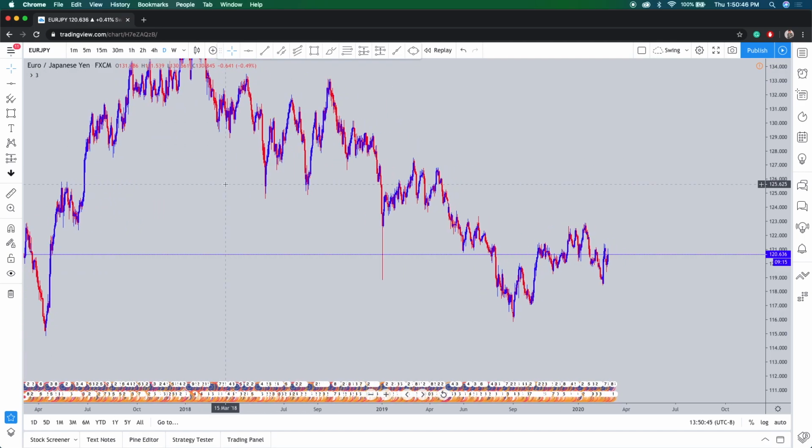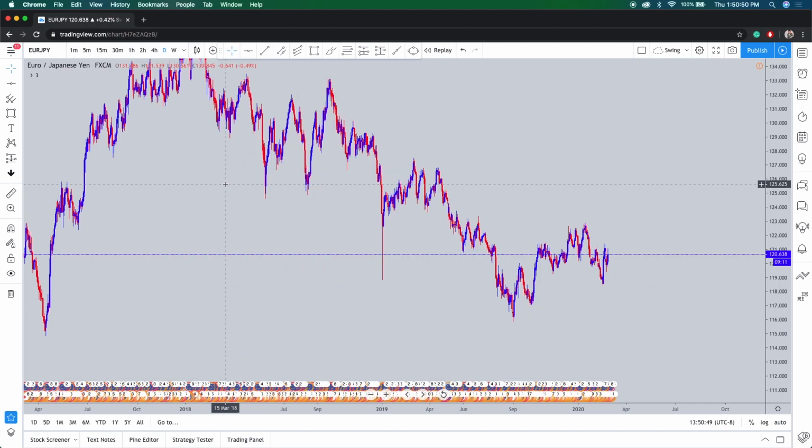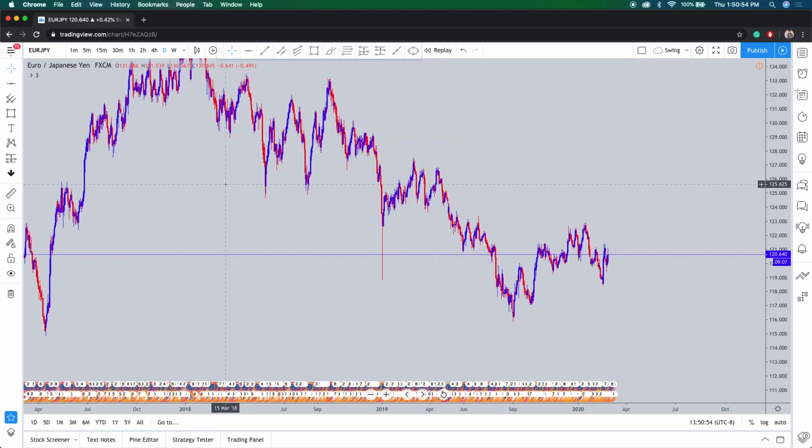So obviously the topic of this video is support and resistance, which I also like to call key levels. It means the same thing. It's basically just an area where price will bounce or react to, either in a positive way, going up, or a negative way, going down, if that's how you want to look at it.